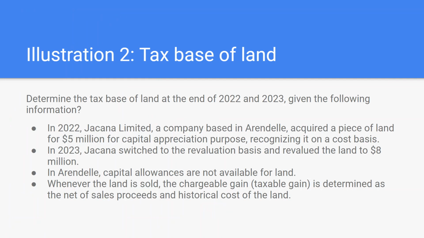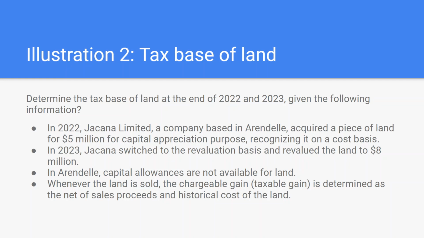So what it means is that you buy the asset and you are using the cost basis to recognize the value of the land. So the amount you bought is how much you are booking in your balance sheet. So credit bank and debit balance sheet land.